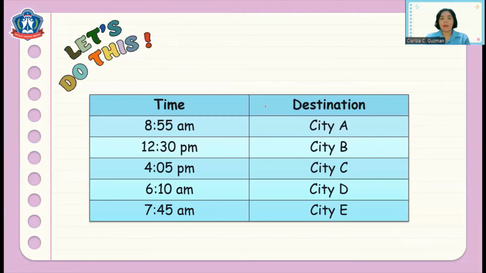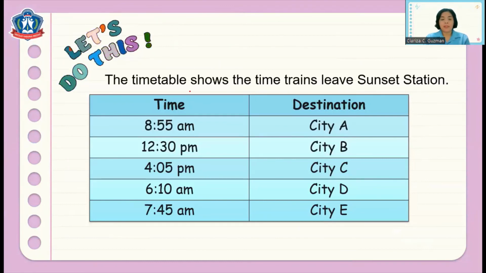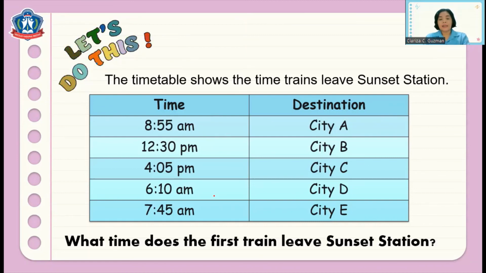Now I have here a problem. Take a look, children. The timetable shows the time trains leave Sunset Station. So we have different times here and the cities or the destination. Please answer this problem. What time does the first train leave Sunset Station?